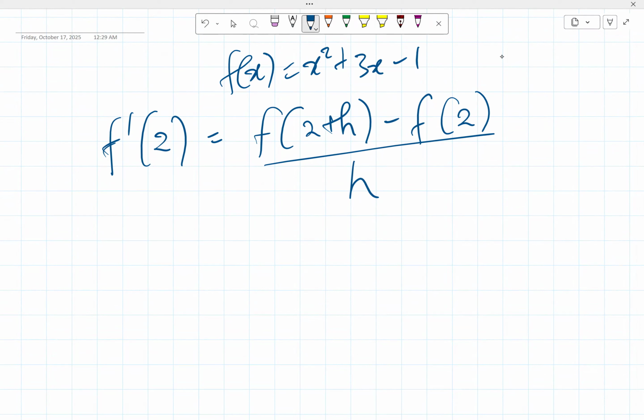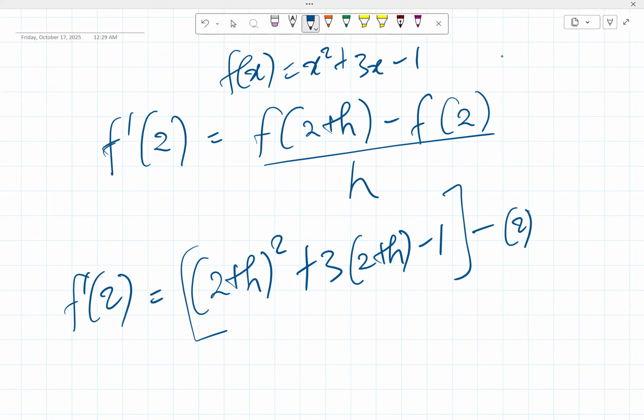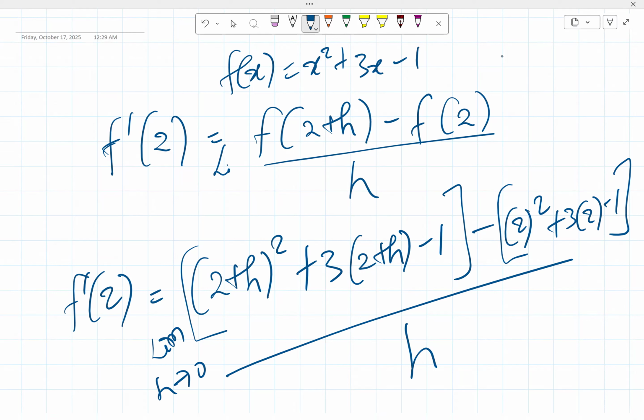So in that case, we simply have f prime of 2 to be f of 2 plus h, which simply means we have 2 plus h squared plus 3 into 2 plus h minus 1. Okay, we have the whole of this minus f of 2, that's 2 squared plus 3 times 2 minus 1, all over h. Of course, we are taking the limit as h goes to 0.